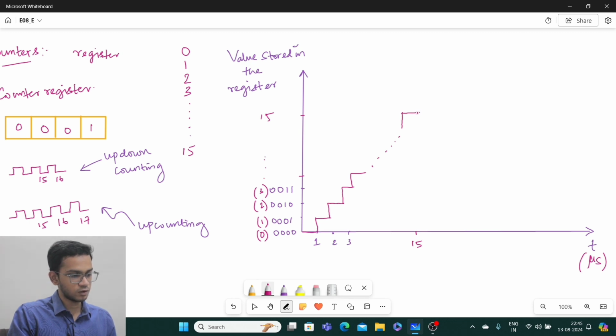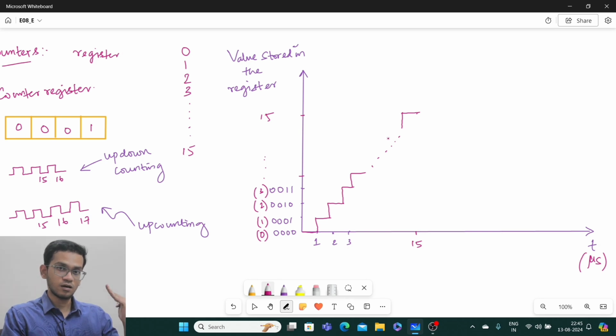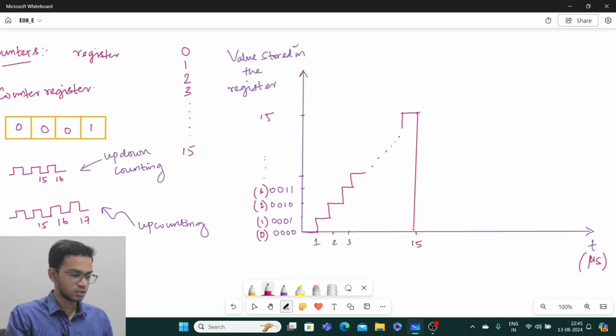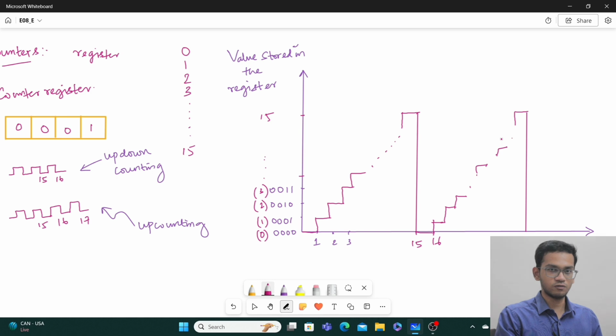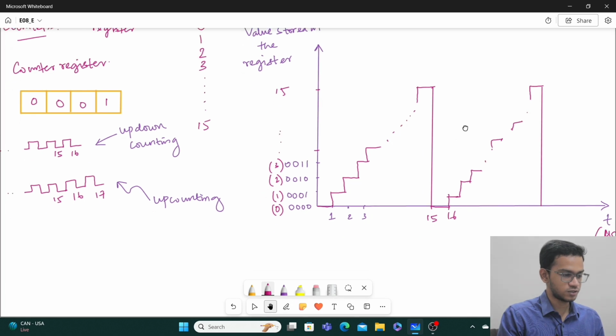Now, if it is up counting only, not down counting, then at the next clock pulse, it will come down. And for the 16th, it will again go up like this. This is what we call a discrete sawtooth waveform, very much like a sawtooth waveform, achieved by counting action.